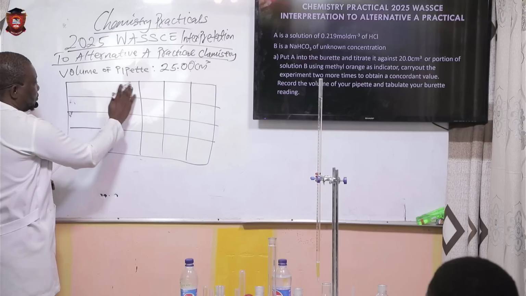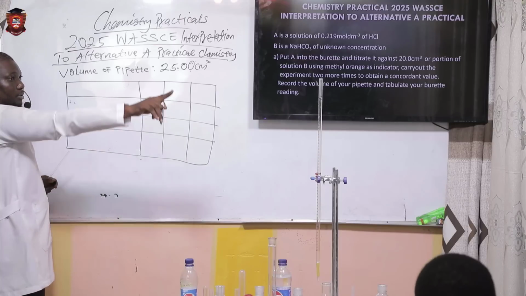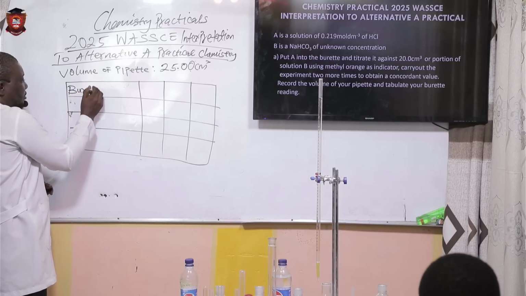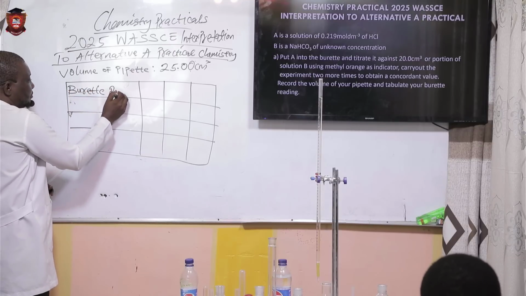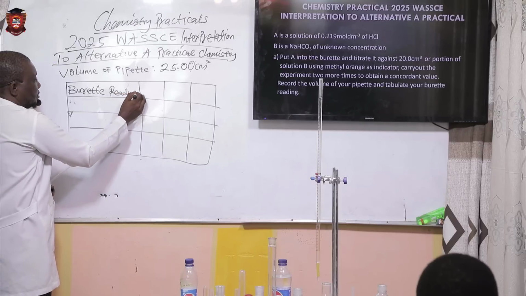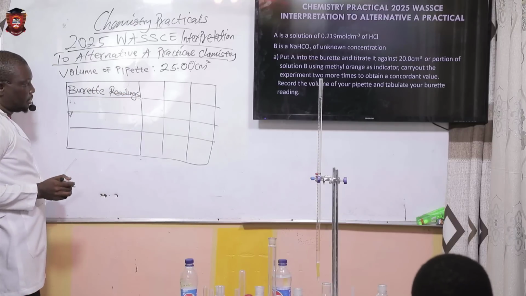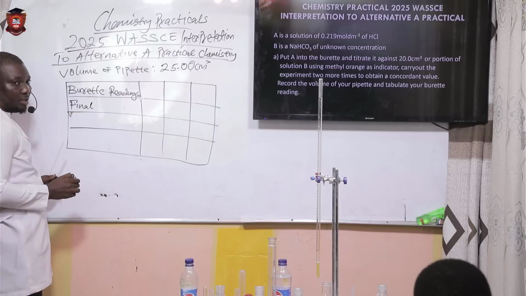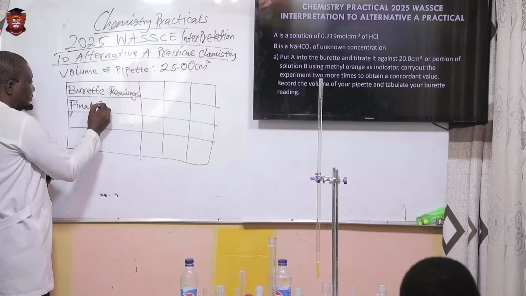And then somewhere here, what we are going to read here is the burette. We are reading the burette. So this is your burette reading, or readings. The first one we write here, even though that's not the first reading obtained, is final reading.